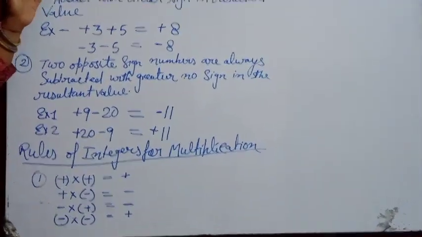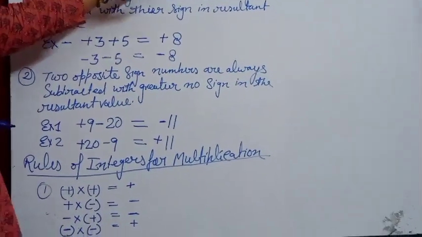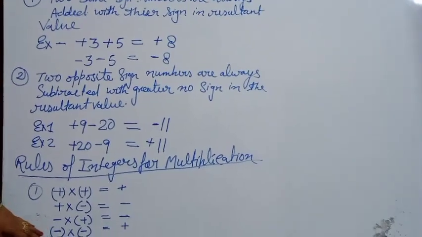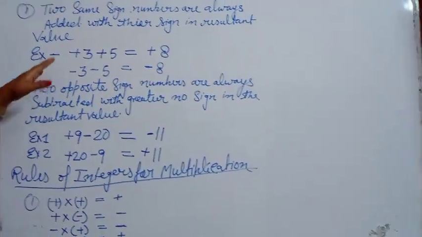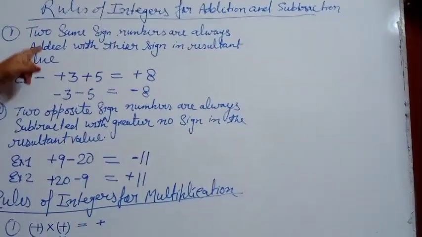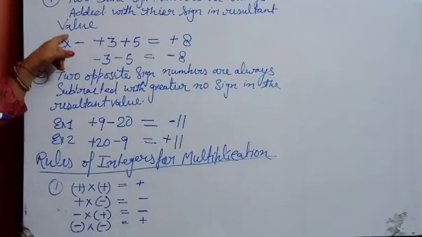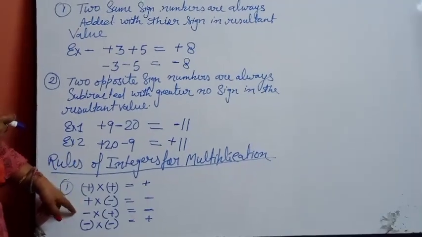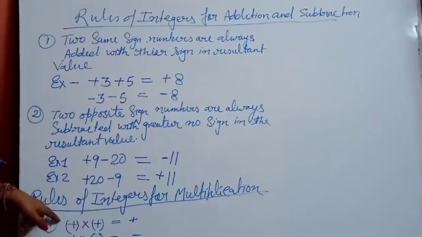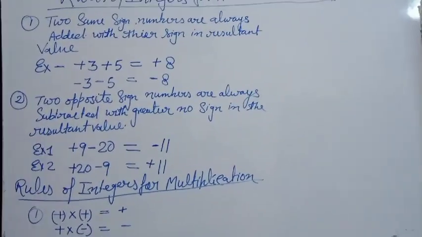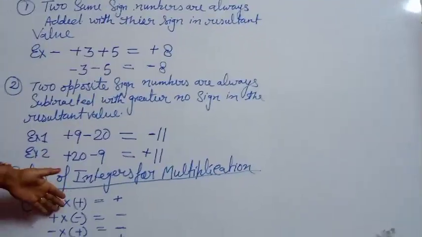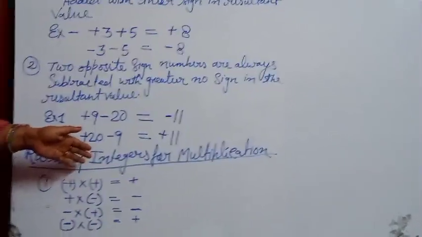Write on the first page, make the heading Integers, chapter number 1, and write these rules, because without these rules, not only in this chapter but also while we do algebra, at that time we require these rules. If you are very clear in this concept, then you will not have any problem during the algebra part or the rest of the chapters while we are doing calculation in mathematics. So note them down in the first page of your topic.